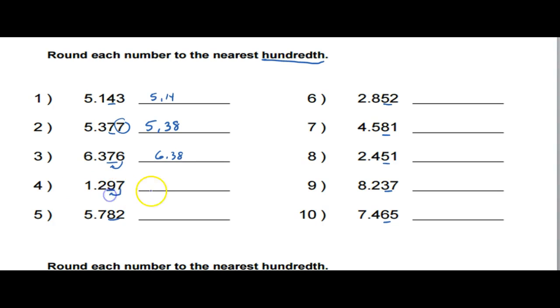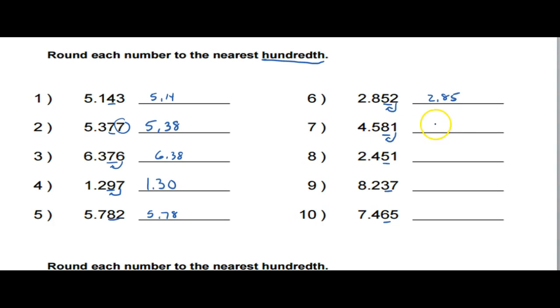The 7 tells me to round up, so that 9 becomes a 10, which means a 2 becomes a 3, so it would be 1.30 or 1.3. The 2 tells me to round down, so I keep the 8 the same, 5.78. Number 6, the 2 tells me to keep it the same, or round down, so 2.85.